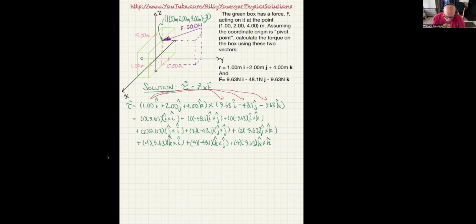Now, remember, there's also the rule about the magnitudes of cross products, specifically the magnitude of A cross B is equal to the magnitude of A times the magnitude of B times the sine of the angle between them when they are tail to tail.